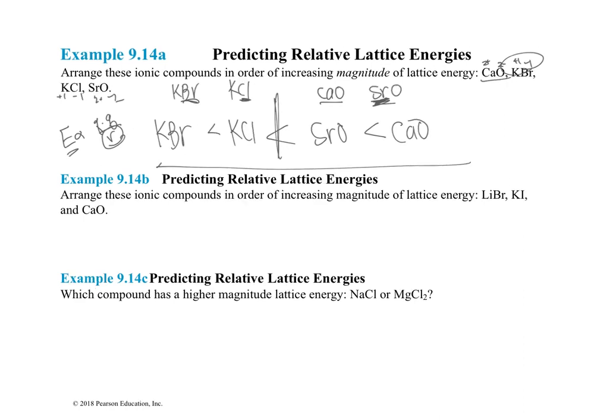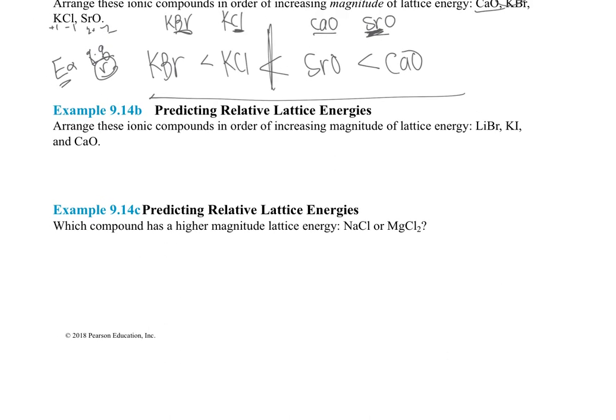Arrange these in order of increasing magnitude. So I have lithium bromide +1, -1, potassium iodide +1, -1, and calcium oxide +2, -2. So right away, calcium oxide is the strongest because of those charges. So we're going to put calcium oxide over here as the largest one. Now comparing lithium bromide and potassium iodide.